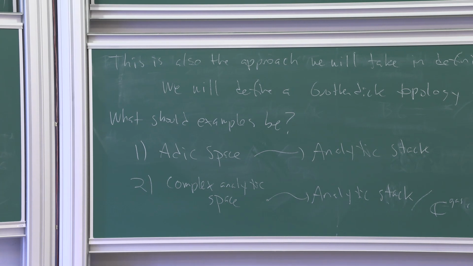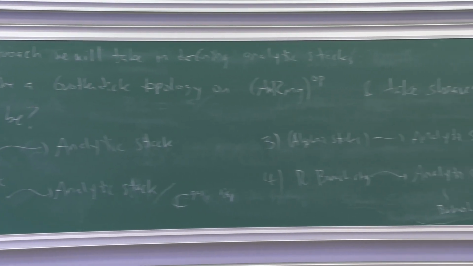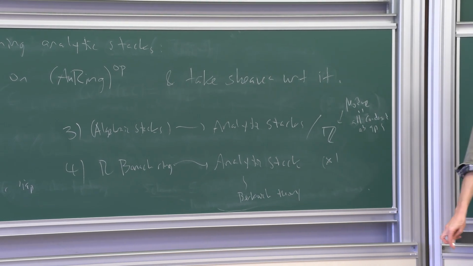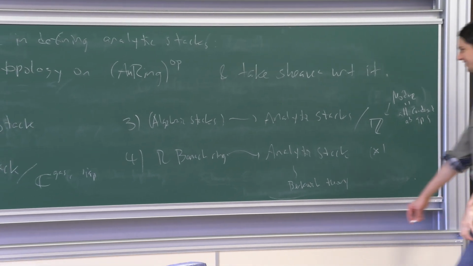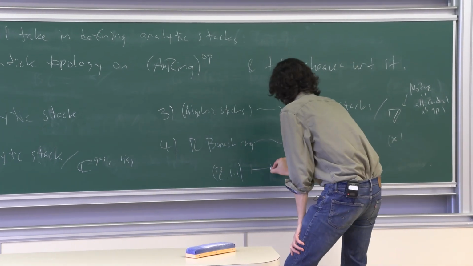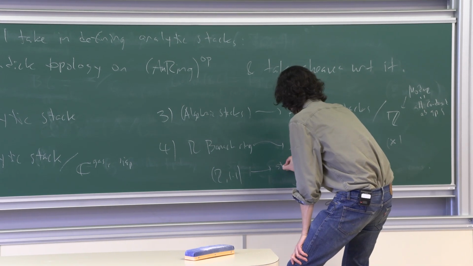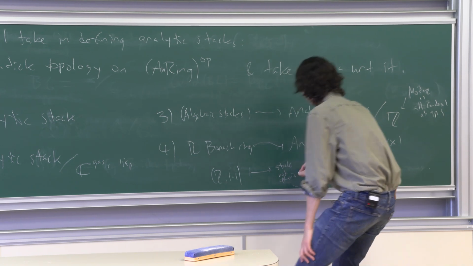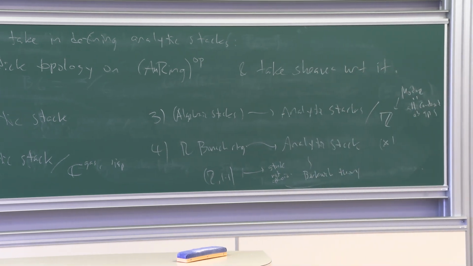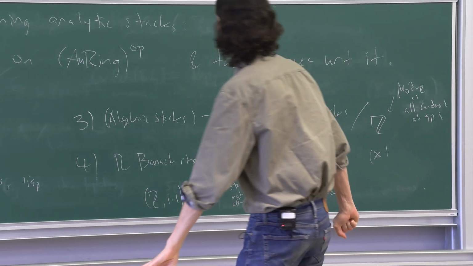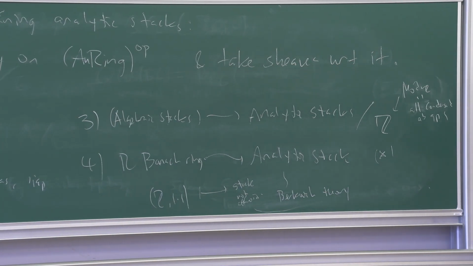There's a small interesting tidbit here, which is that the stack that we'll assign to a general Banach ring will actually not be affinoid. It'll really be a stack. So if you take Z with the usual Archimedean norm, it will go to an actual stack that's not affinoid. It's a stack which corresponds to the Berkovich spectrum of the integers in some sense. So that will be a fun little twist, which we'll discuss when we get there.